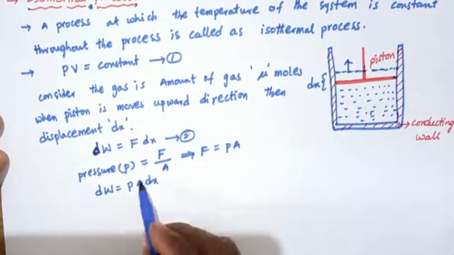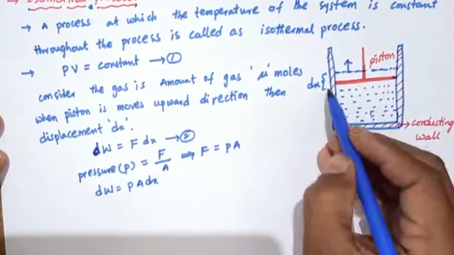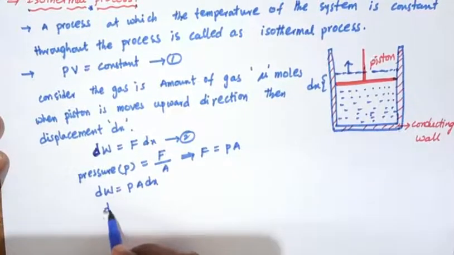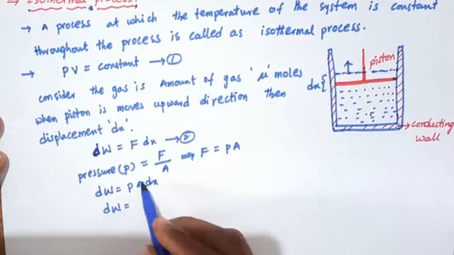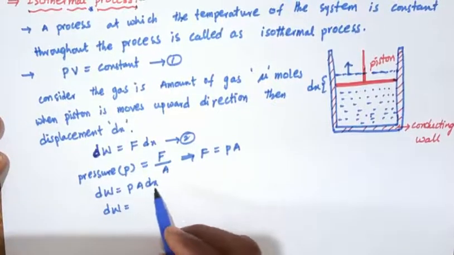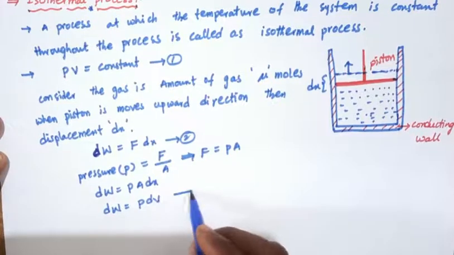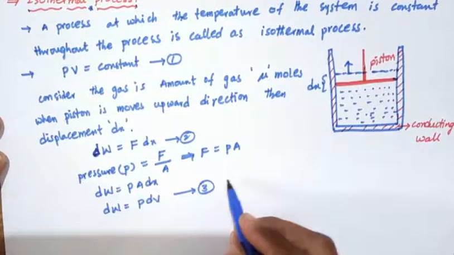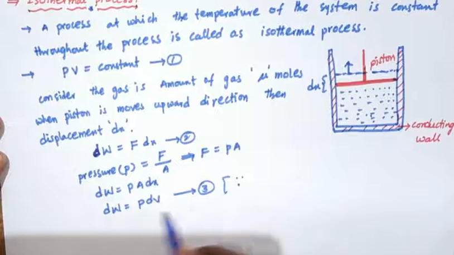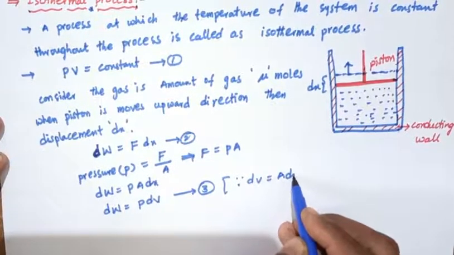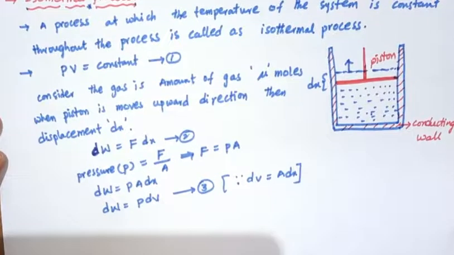Okay, now A is the area, dx is the displacement of the piston. So then dW equals area into displacement equals volume, so P into dV. So this is equation number 3, since dV equals A into dx.